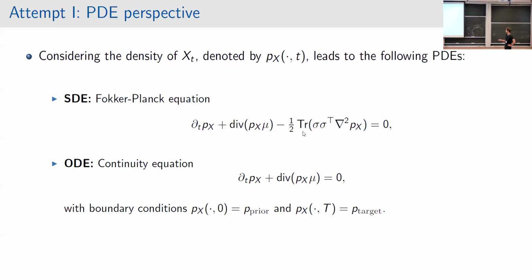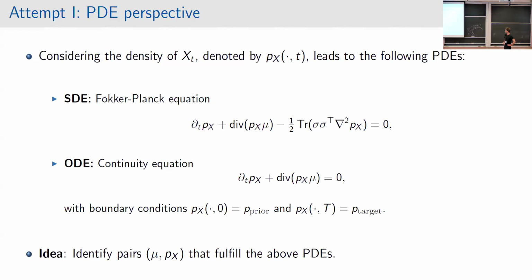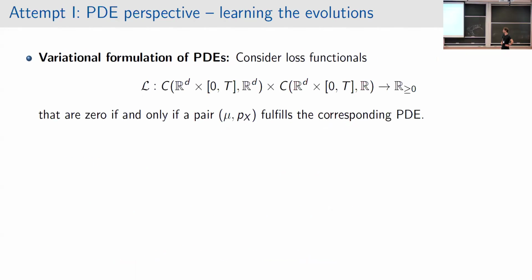And importantly, of course, I need these boundary conditions of the prior and the target at the initial or terminal time. And now the key idea is to basically try to identify pairs, mu and rho, that fulfill either of the above PDE, right? And so we will try to then solve this, which will lead to different numerical algorithms.